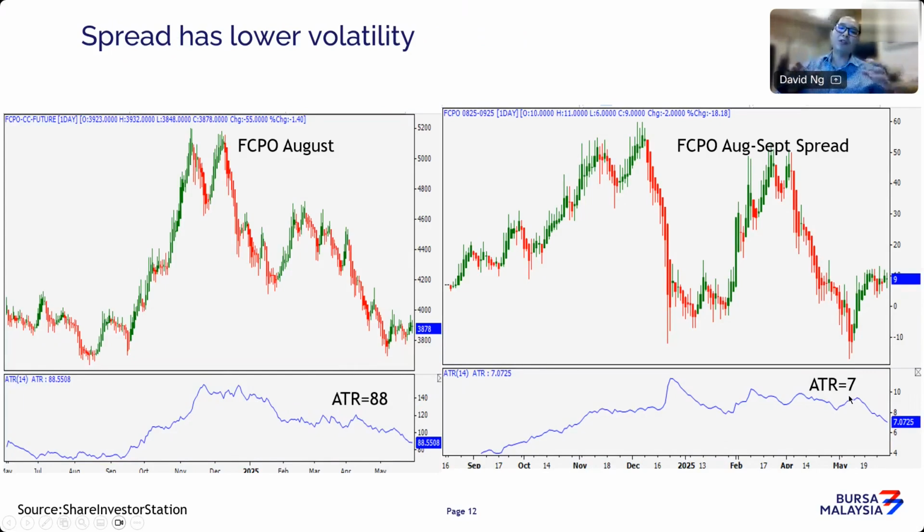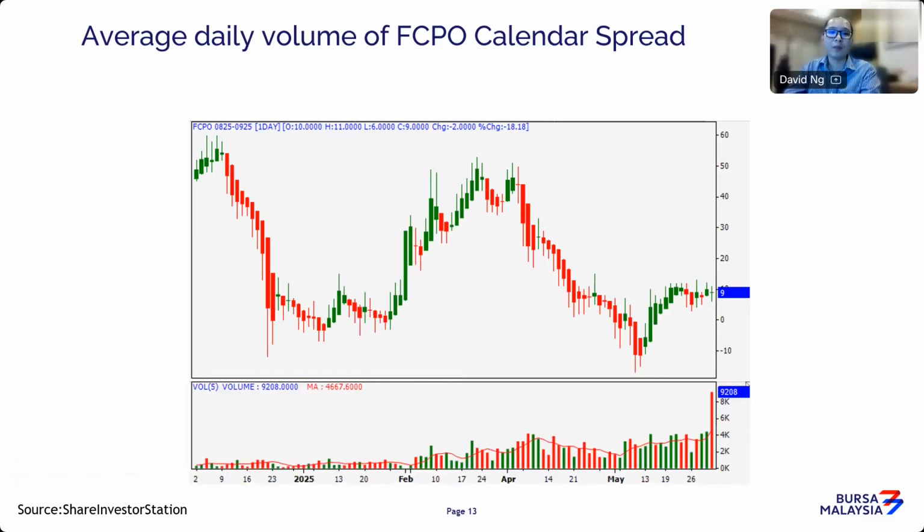So essentially, you are trading a product which is much less volatile as compared to the outright. The principle for understanding it might be slightly different, but when you look at technicals per se, it is still pretty much the same as doing it on an outright basis. So that's an important distinction that you have to take note of.